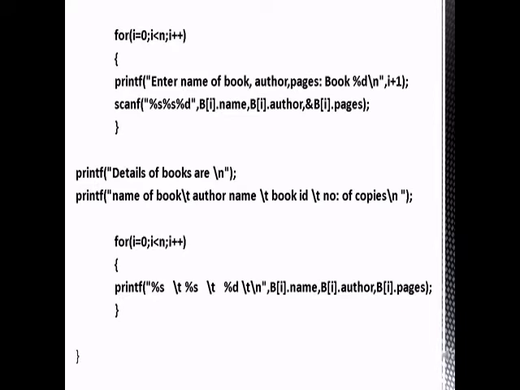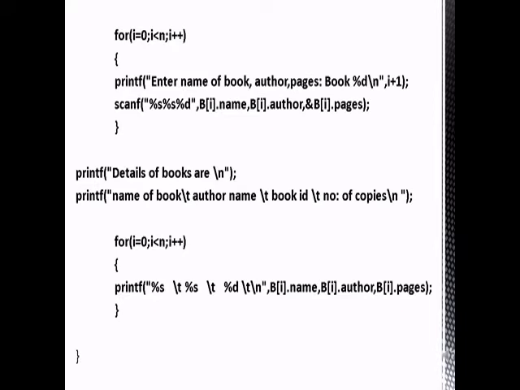It will be stored in B[i].name; in the first case i equal to 0, so b0.name, b0.author, b0.pages. i is incremented, i becomes 1 and again you are reading b1.name, b1.author, b1.pages. i is incremented, becomes 2, again you are reading the name, author and the pages. And the loop continues till you reach the value of n.